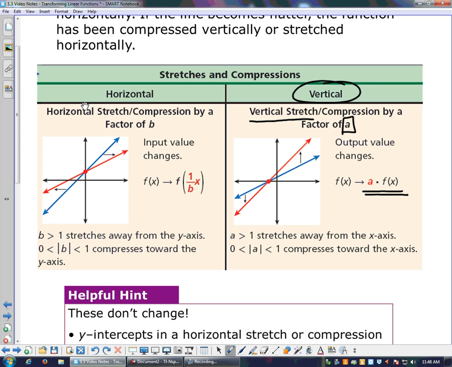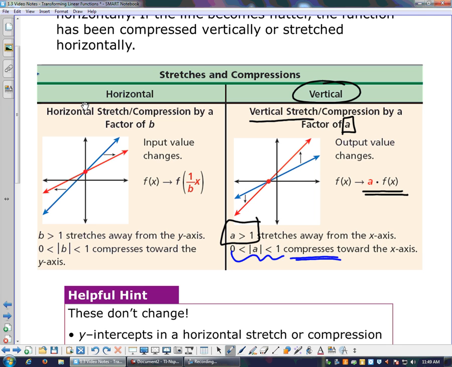And if a is greater than 1, that will be a stretch away from the x-axis. But if we multiply our function by some value between 0 and 1, that's going to push all of the values towards the x-axis, so that's going to be a compression.